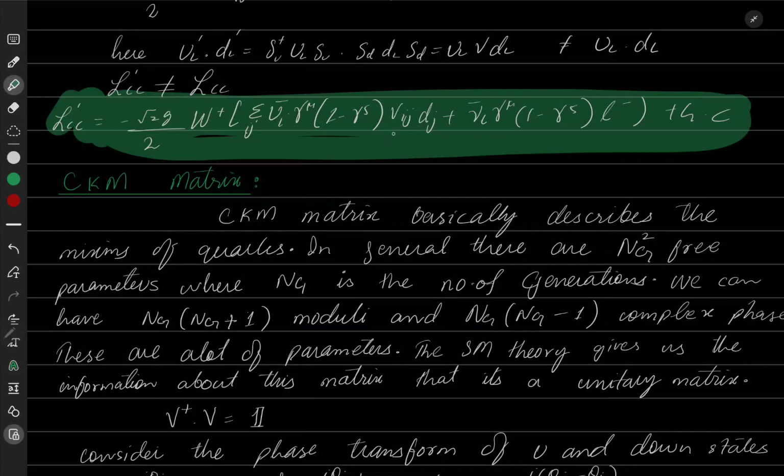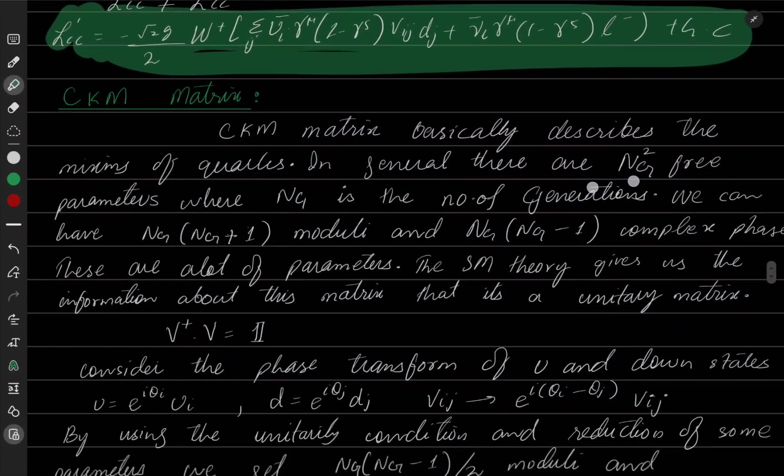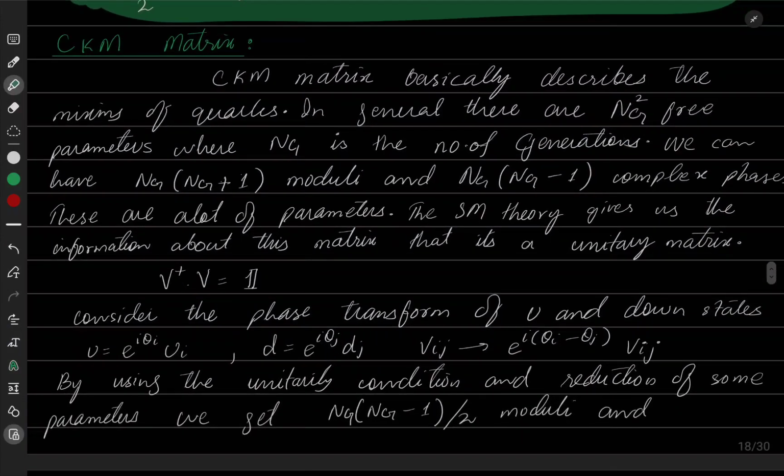But the strongest coupling is with the down quark, then a weaker one is with the strange quark, and the weakest coupling is between the up and the bottom quark. Anyway, we get mixing of the quarks, and that's why we need the CKM matrix. So let's jump into that and go into the details.